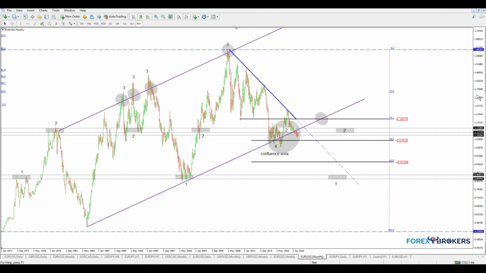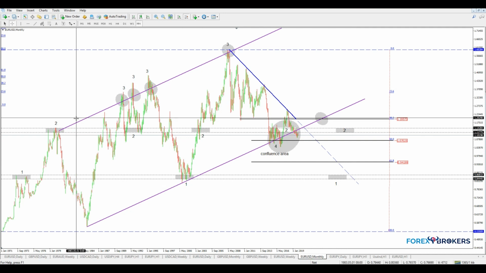To finish, still the euro US dollar, dynamic support and resistance, but also confluence areas given by the Fibonacci ratios. The Fibonacci ratios, the 23.6, 38.2, 61.8, 50% is not a Fibonacci ratio, by the way, but is a level that the market reacts at very often.